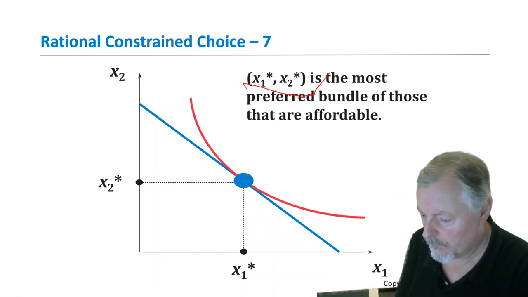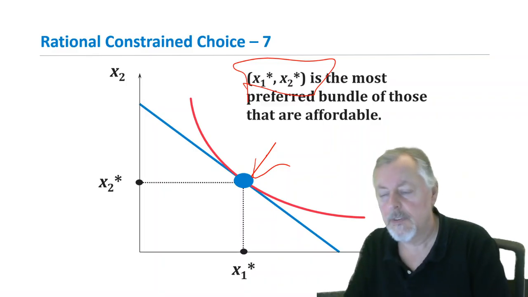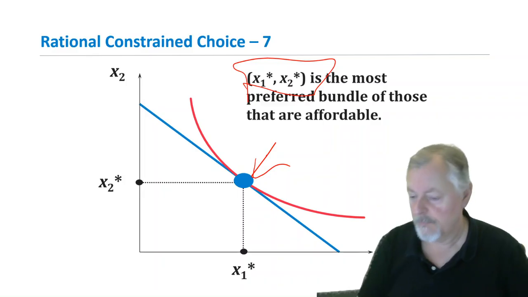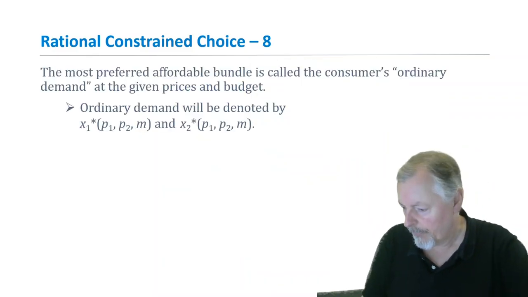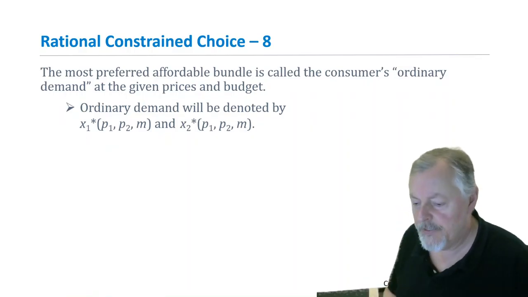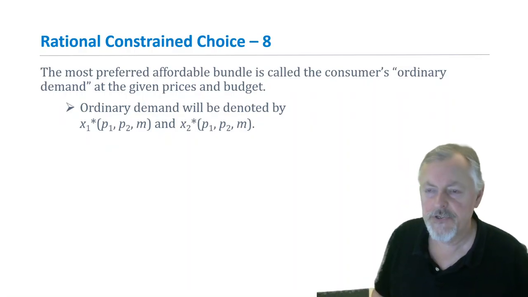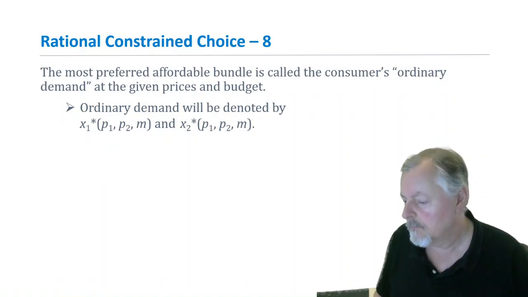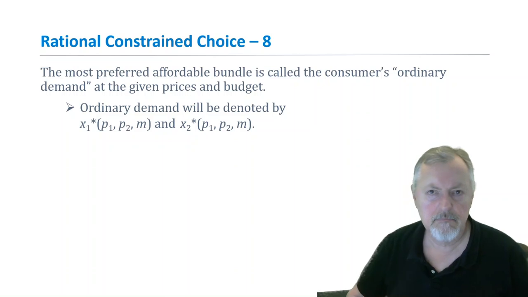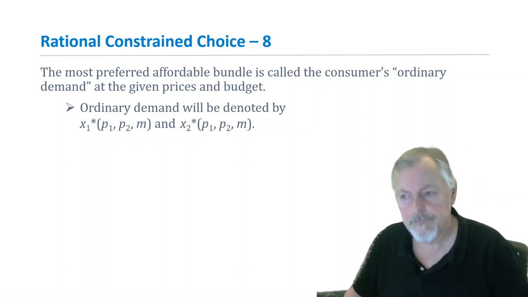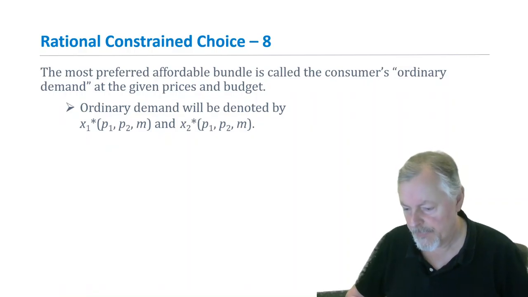So this is the one and only bundle that will make them happier than any other that they can afford. In an introductory course, demand is generally just a function of the price of a good. Prices of other goods, income, don't matter. They're ignored. Here, we take those things into consideration.